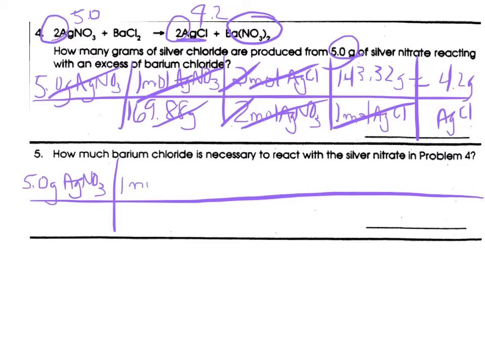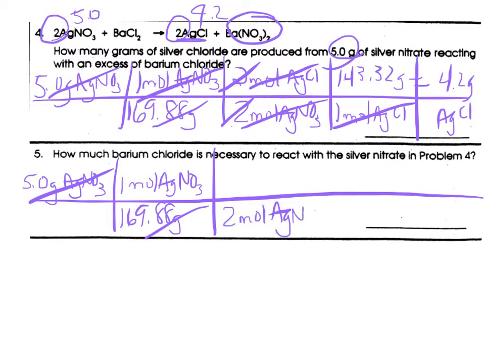So first step here, going moles to grams to moles is the same molar mass, so I don't have to recalculate that. So my grams of AgNO3 cancel. I still have 2 moles of AgNO3 from the equation, but this time I want to know barium chloride. So barium chloride doesn't have a number, so there's 1 mole of barium chloride for every 2 moles of AgNO3.